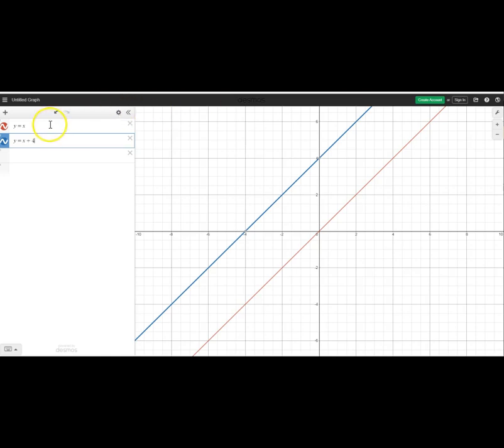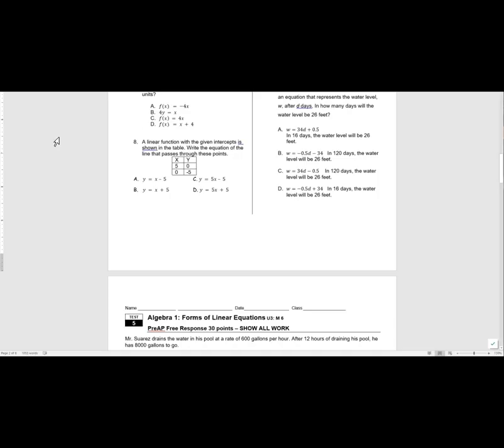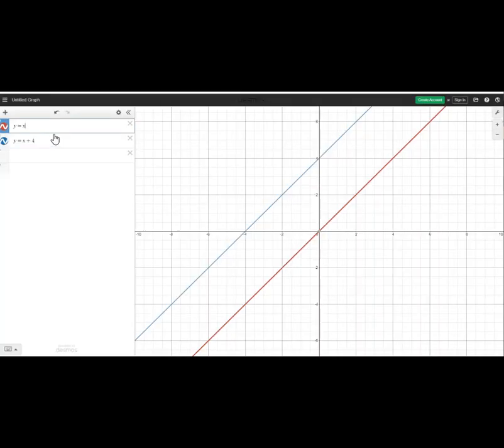Question number 8. A linear parent function is given with intercept shown in the table. Write an equation of the line that passes through these points. Okay, so let me use Desmos once again on this one. That should be an easier way to approach this. So I want to check answer choice A, which is y equals x minus 5.